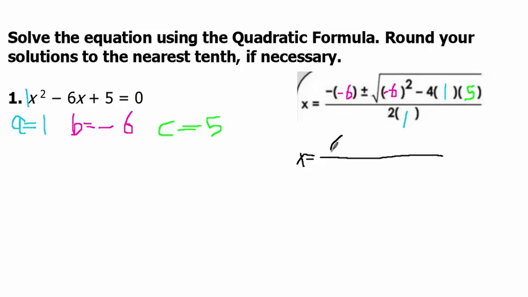First one, minus a negative 6 is plus 6. Plus and minus, square root large enough for 2 terms, and underneath 2 times 1 is 2. Inside, negative 6 squared is 36, positive 36, minus 4 times 1 times 5, which is 20.